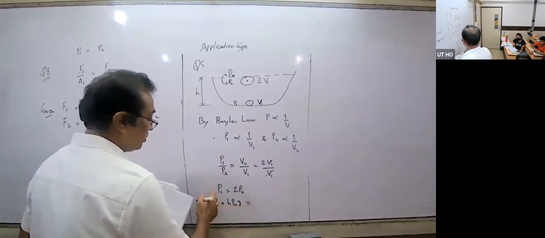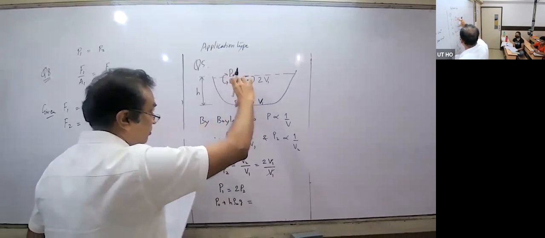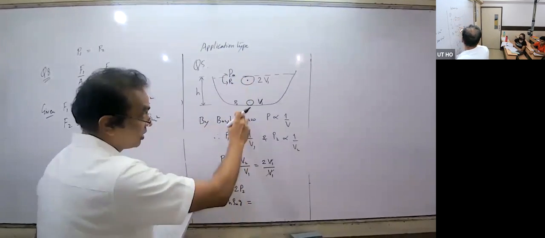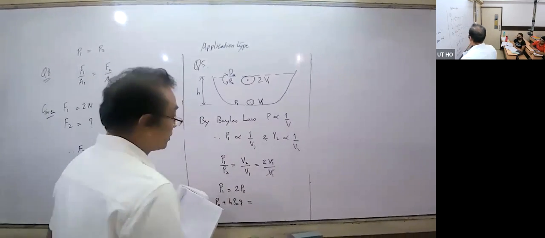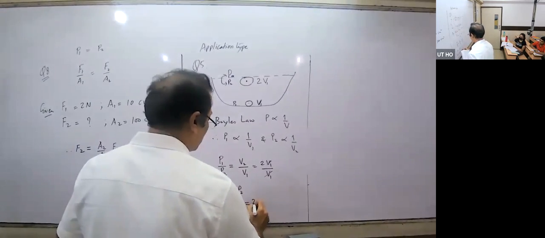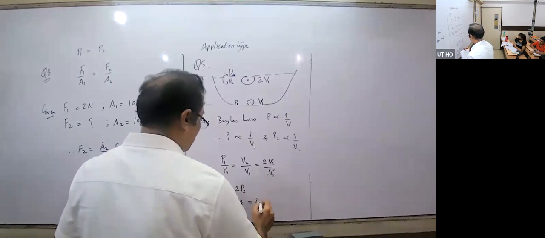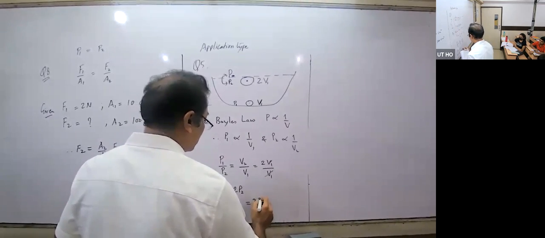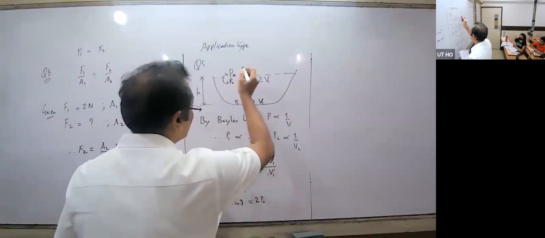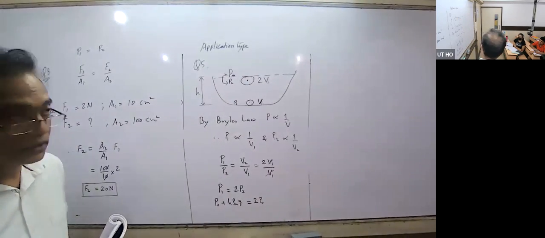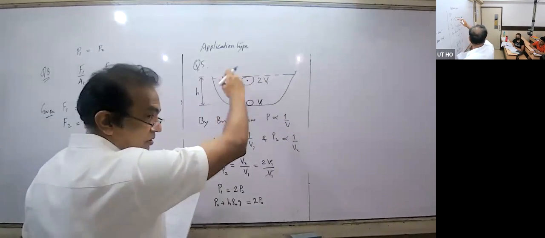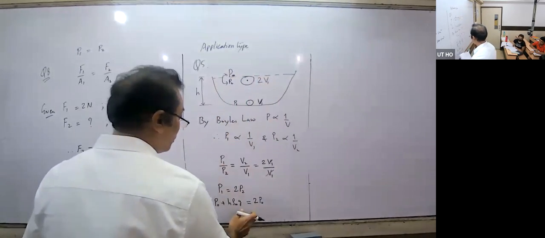P1 is the atmospheric pressure plus the pressure due to the water column, that is the total pressure at the depth. And this is equal to 2 times P naught, because P2 is equal to P naught. P2 is the pressure at the top, right?